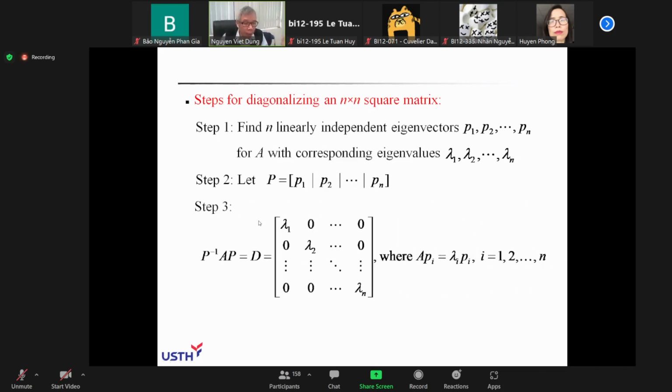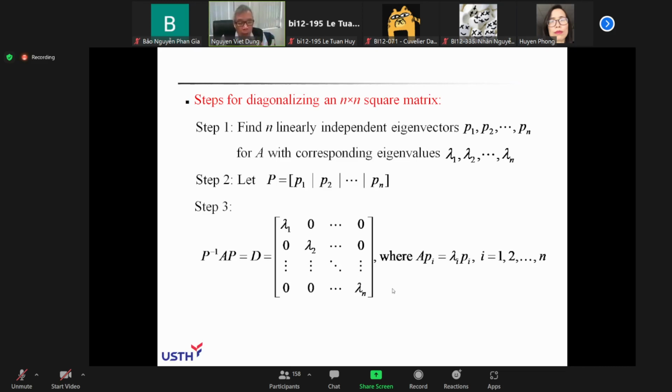And then the last step, you write P inverse multiplied by A multiplied by P equals the diagonal matrix, and you put the eigenvalues lambda 1, lambda 2, ..., lambda n on the diagonal. So please pay attention to the order you put P1, P2, ..., Pn here, so that the order of lambda 1, lambda 2, ..., lambda n will match here.